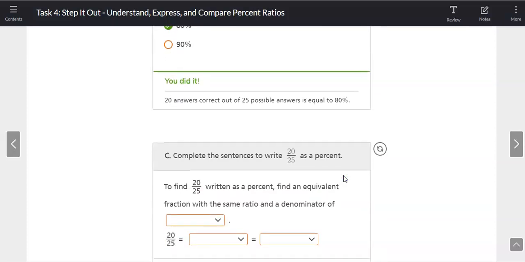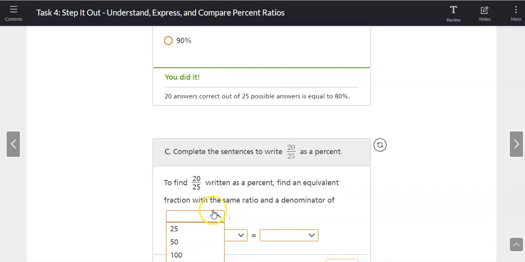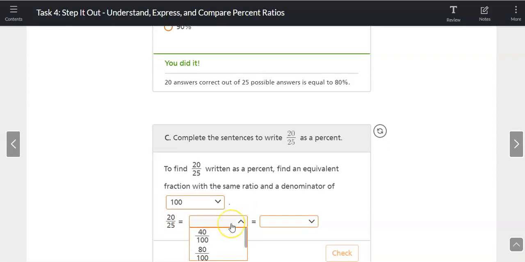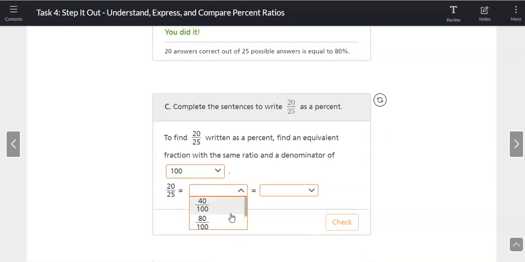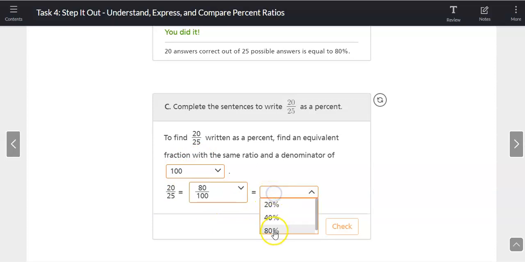To find 20 over 25, write it as a percent. Find an equivalent fraction with the same ratio and a denominator of 100. Our denominator needs to be 100 because we are trying to find a percent, and percents are always out of 100. So 20 over 25. To get 25 to 100, multiply by 4, and I'm going to do the same thing on top. So 20 times 4 is 80, so we get 80 over 100, which is 80%.